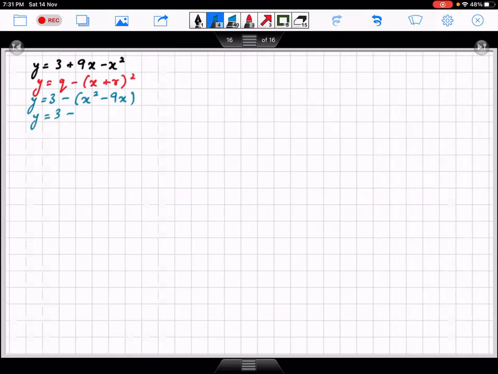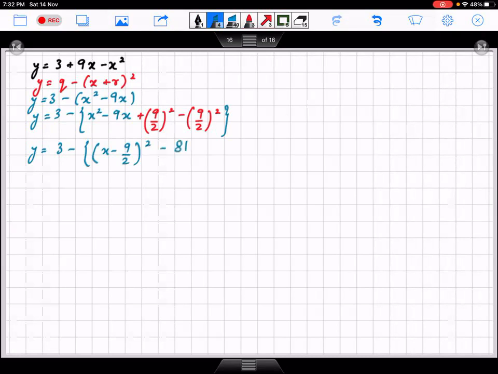Now to complete a square, we will halve the value of 9, that is 9 upon 2. So we will be adding the square of 9 upon 2 as well as subtracting the square of 9 upon 2. Now this should become x minus 9 upon 2 whole square, while this should be 81 upon 4.